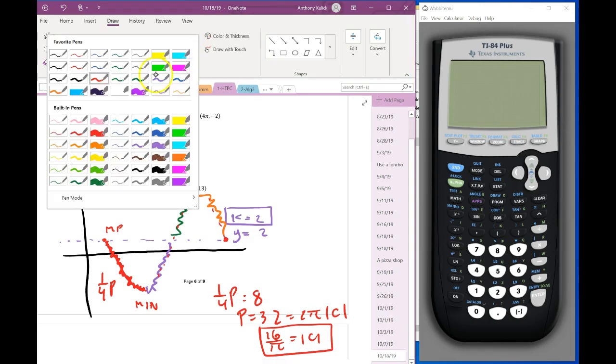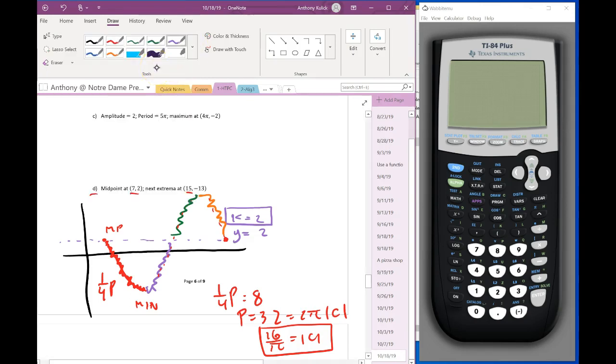To find the amplitude, do you want to do it the hard way or the easy way? Easy. So the amplitude is just the distance from the midline to an extrema, right? So how far is that? It's 15, right? We're starting at 2 and going down to negative 13. That's 15 units.